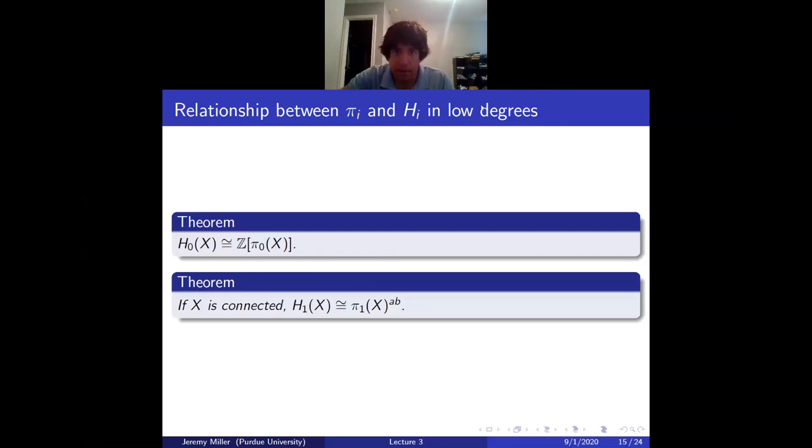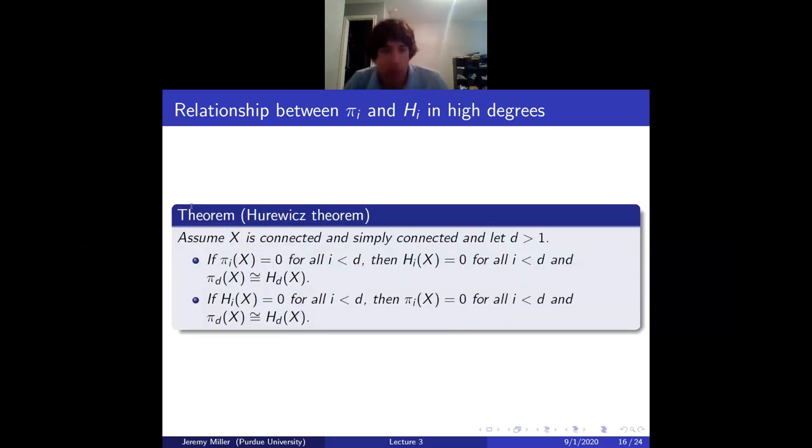Path connected, typo. So in general, it would be the direct sum over path components of the abelianization of pi 1 of x with base point in that path component.